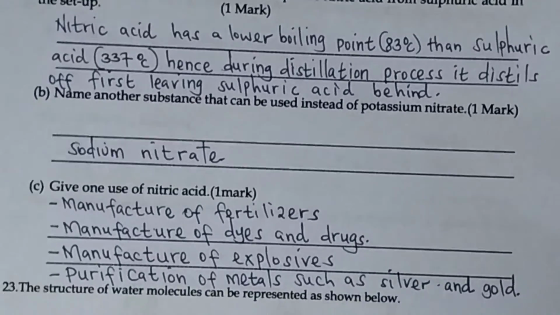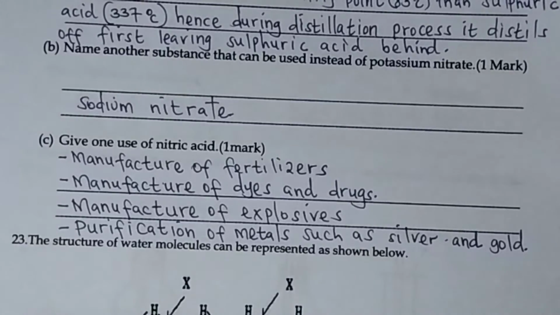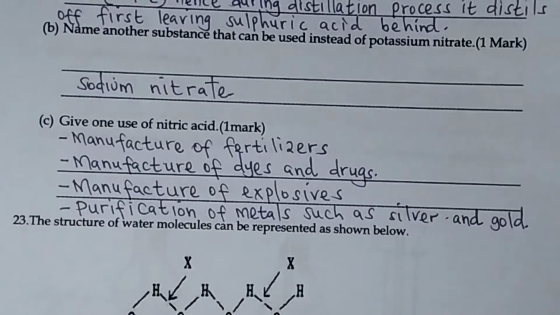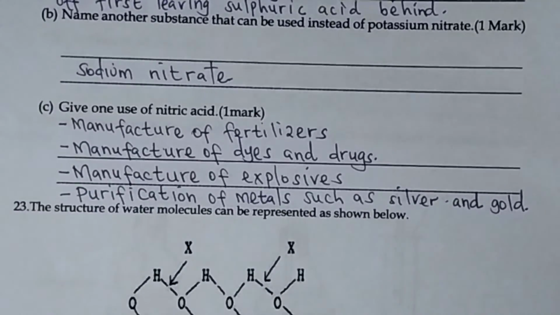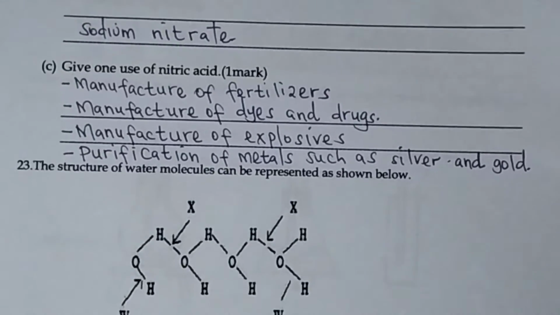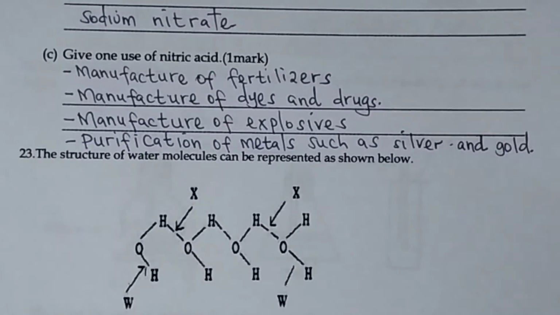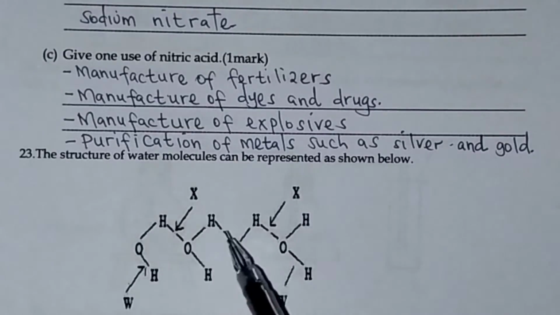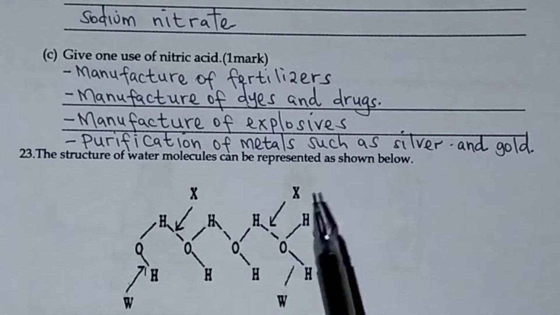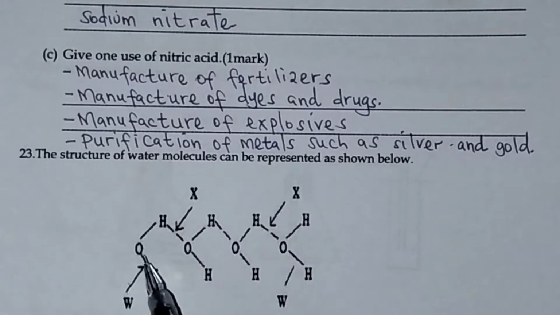So question number 23, we are told the structure of water molecules can be represented as shown below. So this is how it looks. This is 1 molecule of water, another molecule of water, another molecule of water. The atoms of water are hydrogen and oxygen.